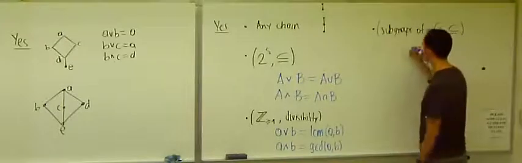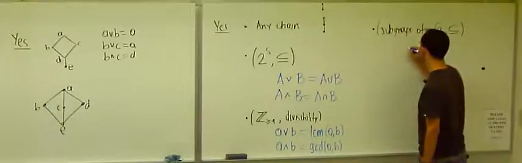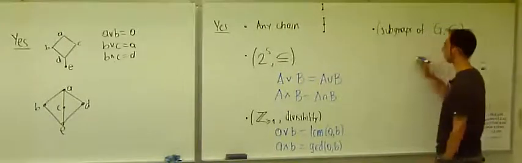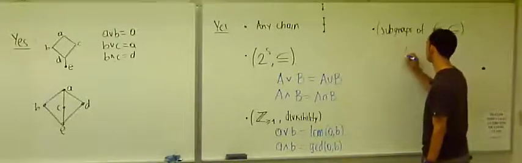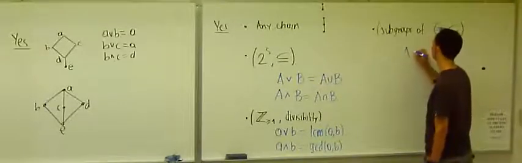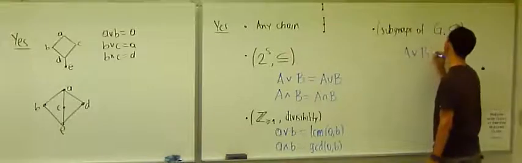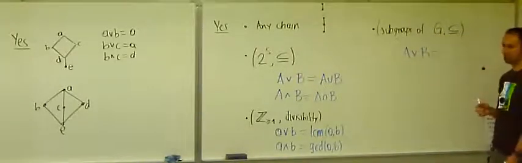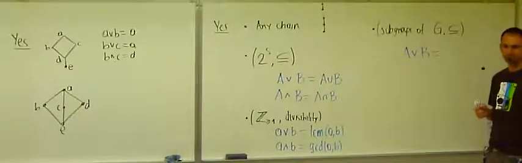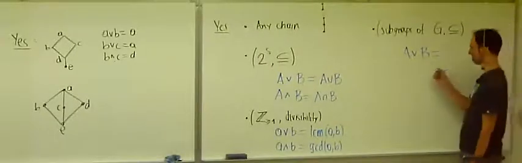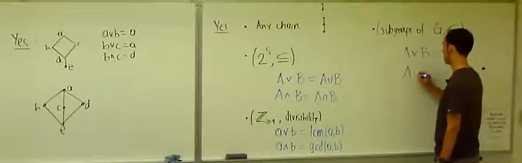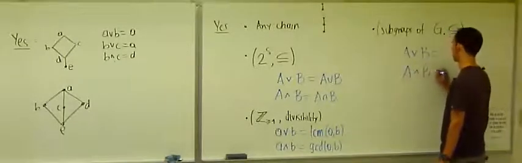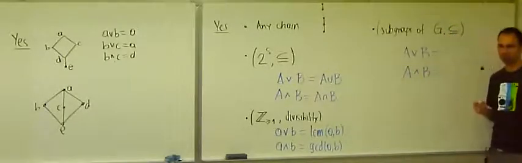So let's say that you take two subgroups, maybe I'll call them A and B. What is the join of A and B? Maybe let me ask an easier question first. What is the meet of A and B?